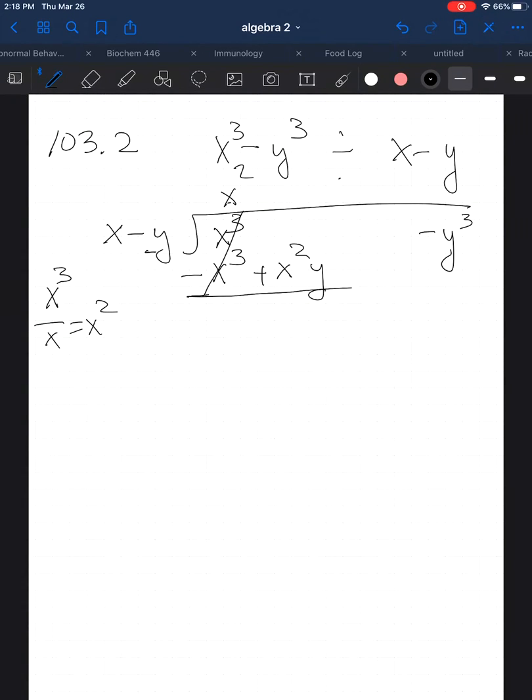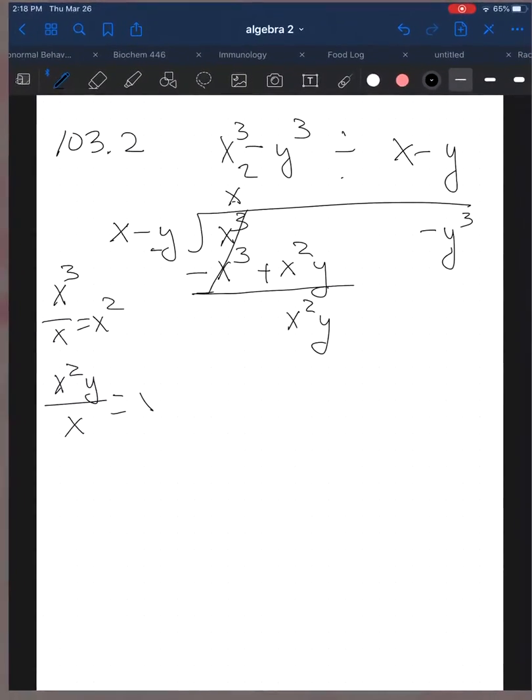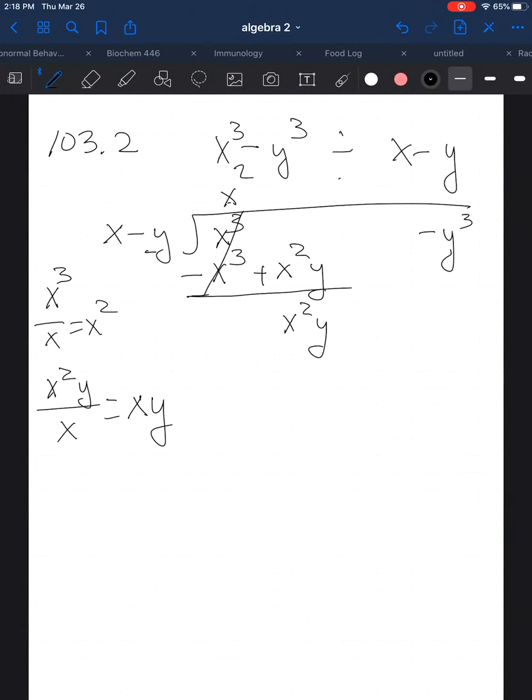That's gone. 0 plus x squared y is x squared y. So take the x squared y, divide it by x. And that's a positive, there's no negative, so it's plus xy.